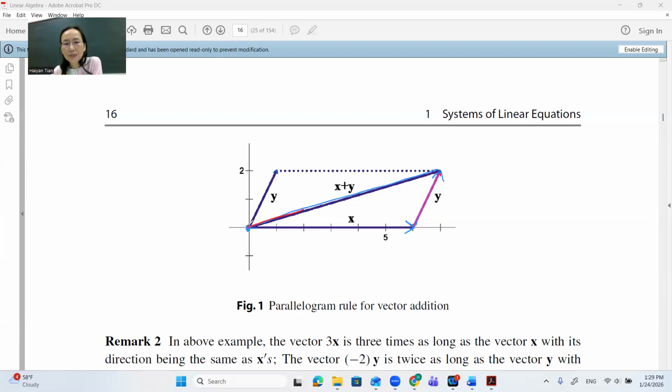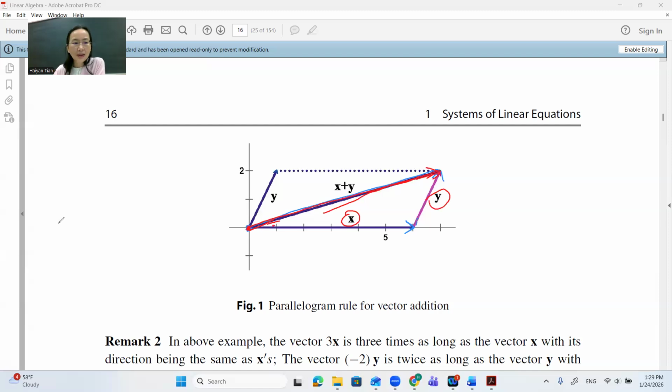That's the x plus y. So this is x plus y, a vector from the starting point to the tip of the y vector.